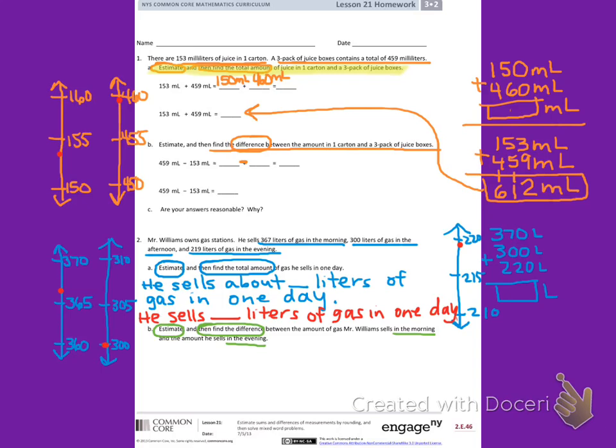Then figure out the difference, and when we say difference, remember that's the answer to a subtraction problem. Subtract the two numbers from each other to find the difference that he sells in the morning compared to the evening. Then create another algorithm with the exact numbers being used to find out the actual difference. Don't forget to answer in words, just like I did on item 2A.